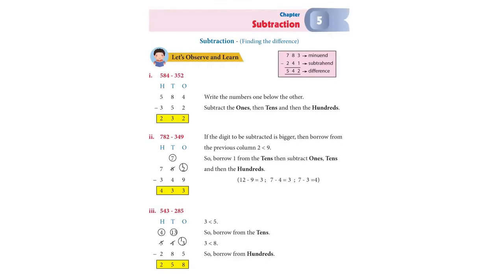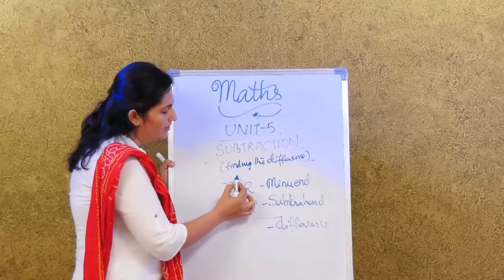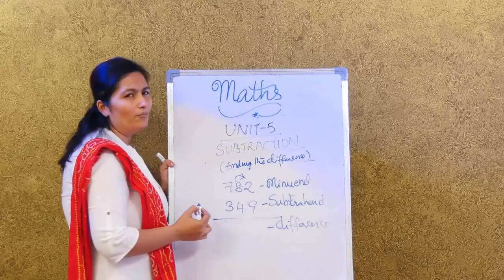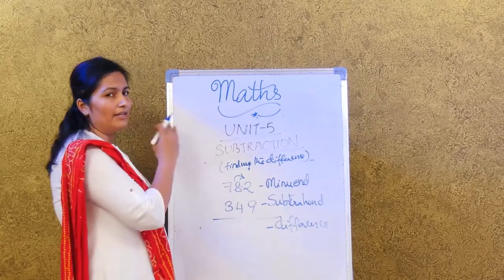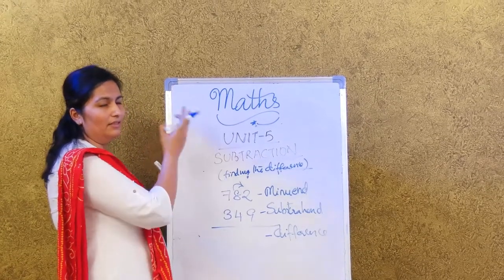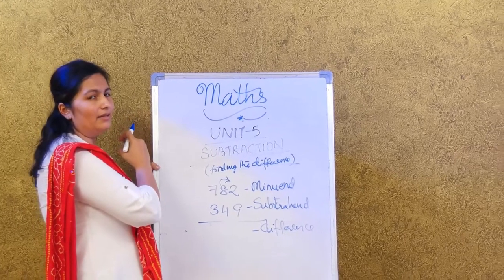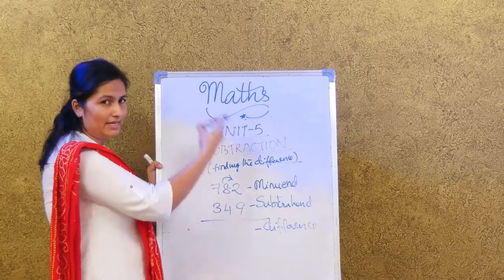Let's look at the next sum on page number 86. 782 minus 349. We start the system of borrowing. In addition, we had carry forward to the other side. Now it is borrowing, taking.